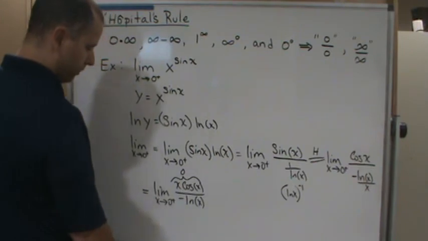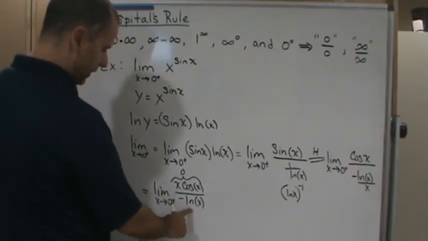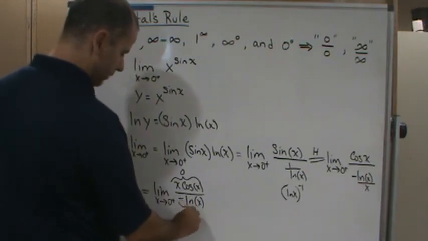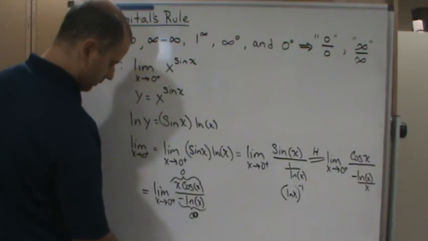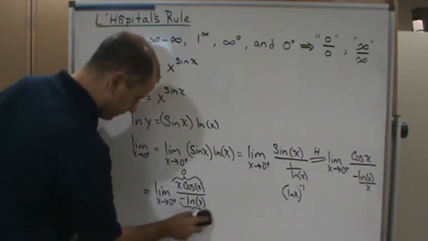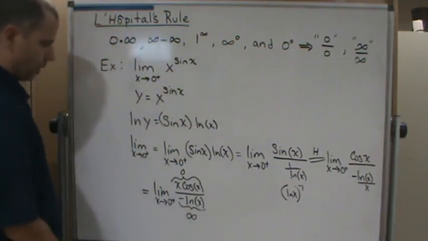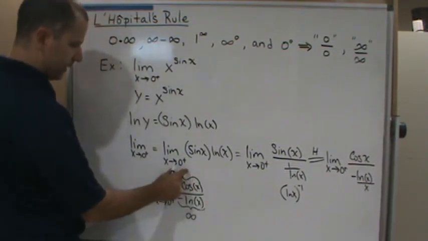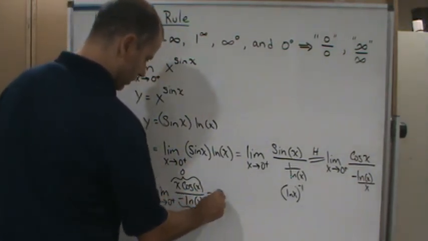And the bottom is going to negative infinity, but it's the opposite, so it's going to positive infinity. So this is getting bigger, this is getting smaller, so guess what's going on? This is going to 0.